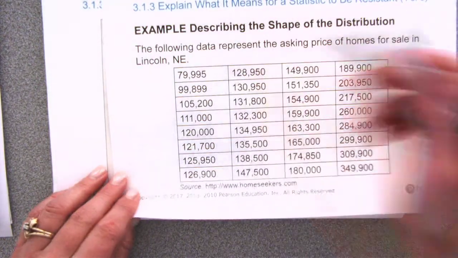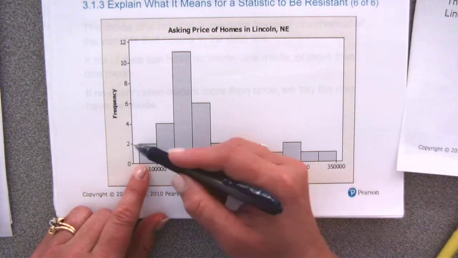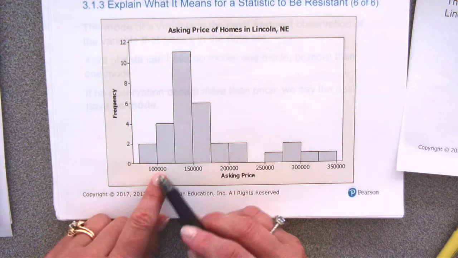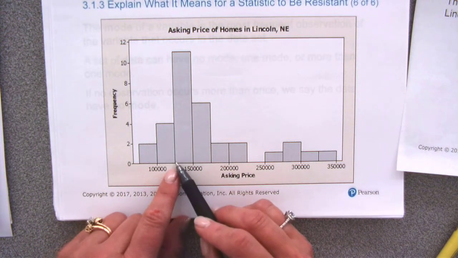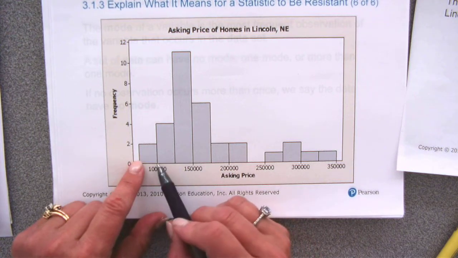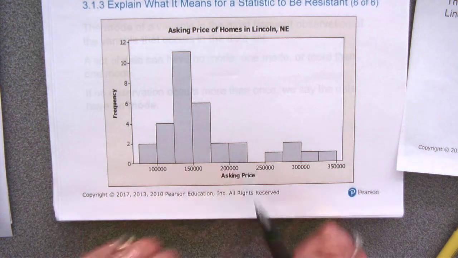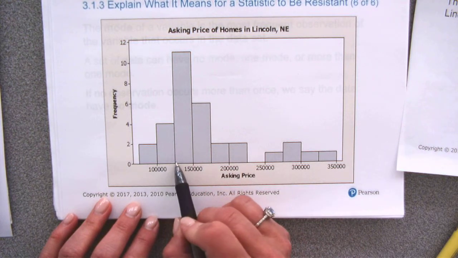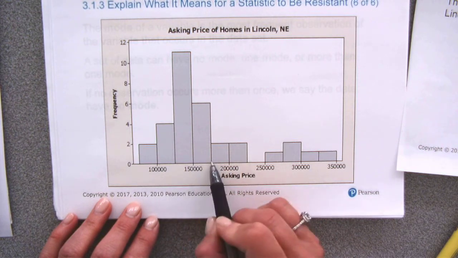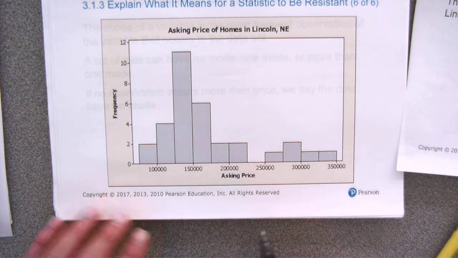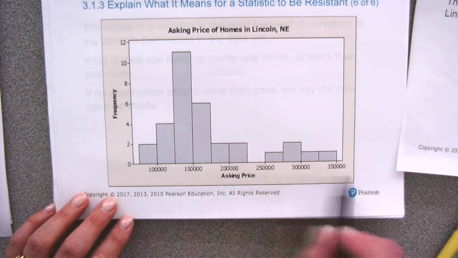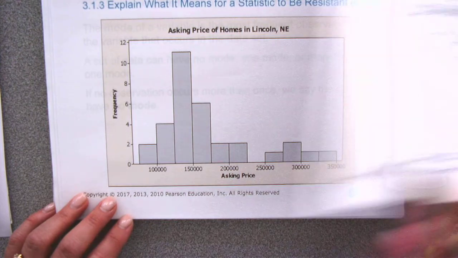Well, there are 2, so the frequency is 2. And then from 100,000 to 125,000, so it looks like the bars are by 25,000s, right? So 100 to 125,000 to 150,000, 175, 200, okay? So this is the asking price by 25,000s.